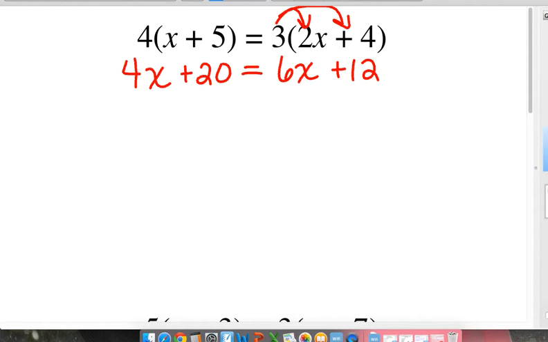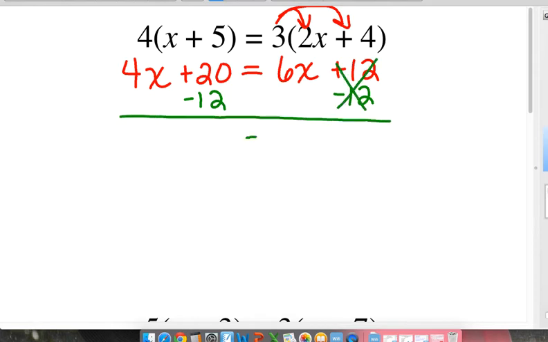This is where you have a choice. You can either subtract 20 from both sides, or you can subtract 12 from both sides. I'm going to subtract 12 from there and there. But you could really do either. It's up to you. Cross those 12s off.